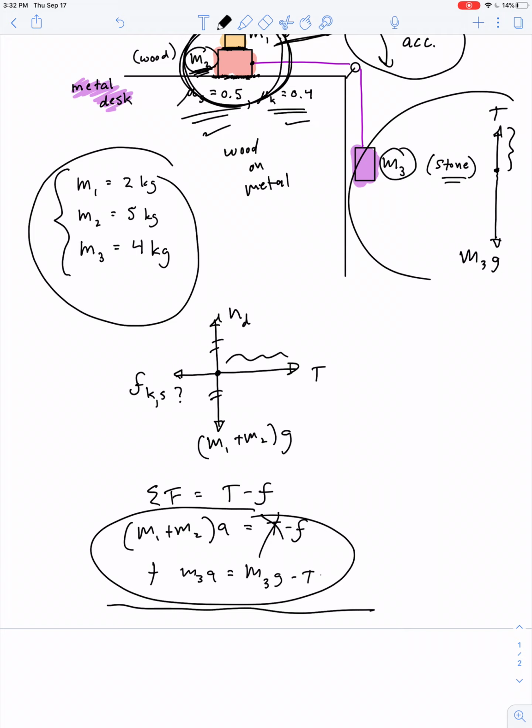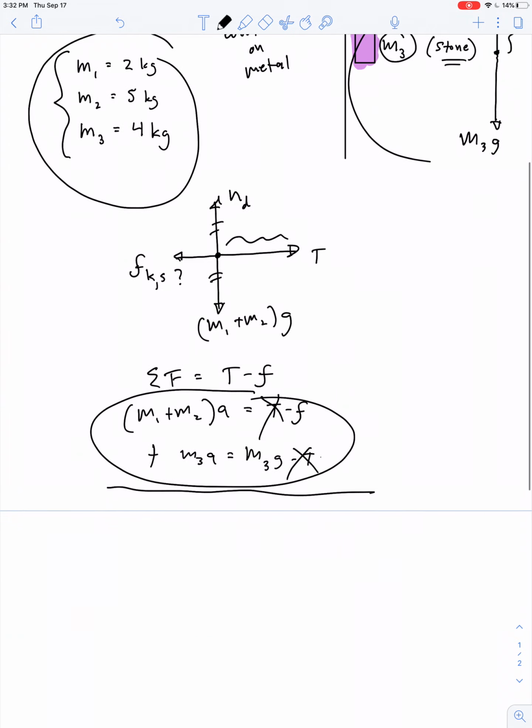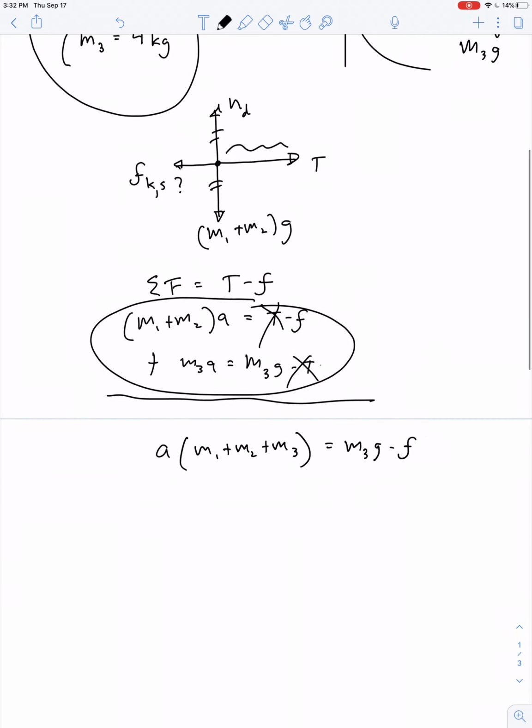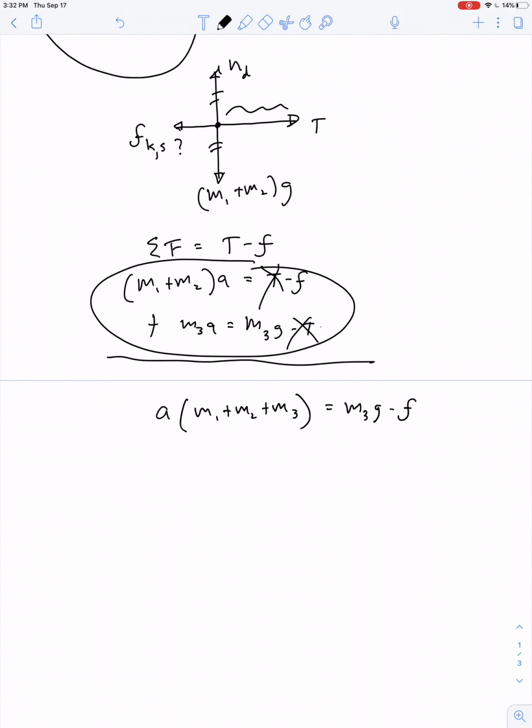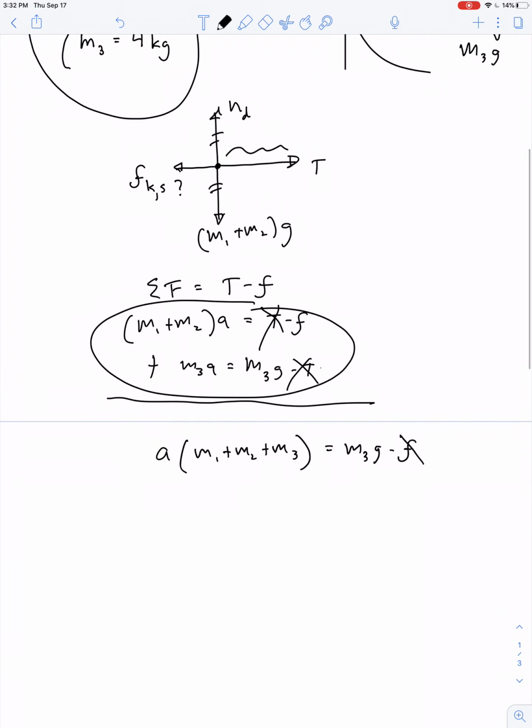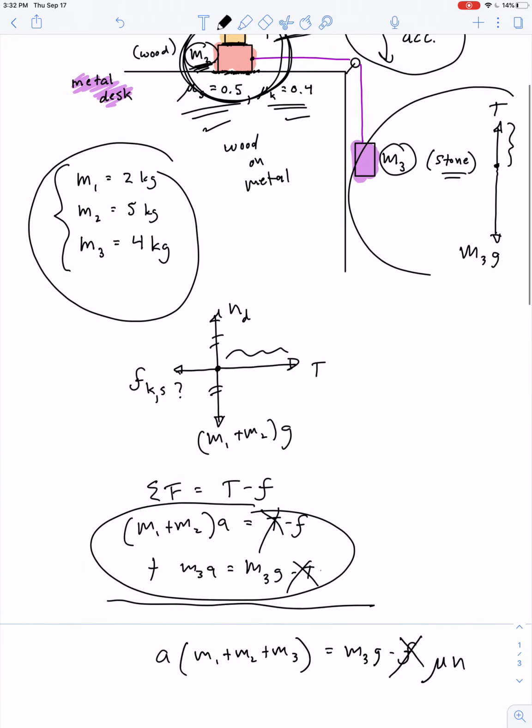Okay, positive T and negative T cancel out. A times the quantity M1 plus M2 plus M3 is equal to M3G minus force of friction. Okay, force of friction, well, that's the same thing as mu times normal force. Now let's see, where did that force of friction come from?